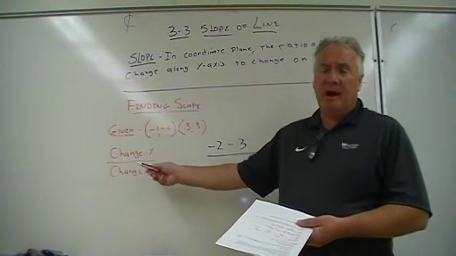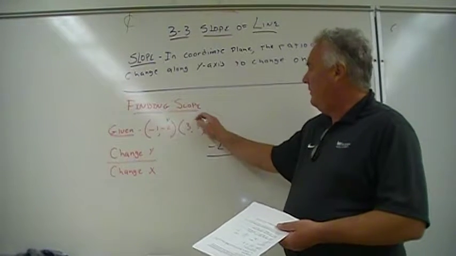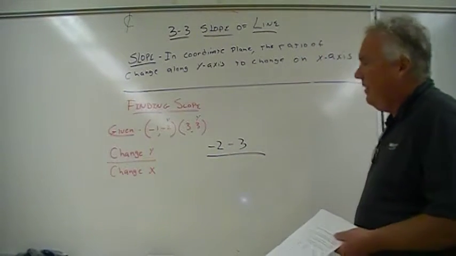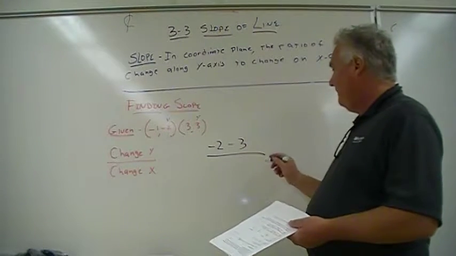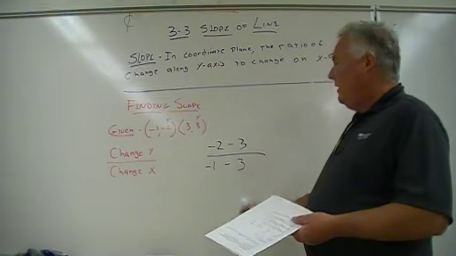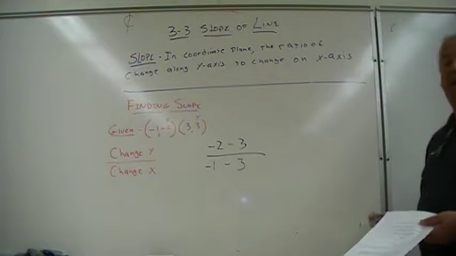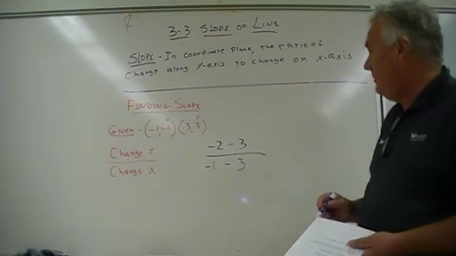Change means we're subtracting, so we take our first of the y's, take away the next y. So -2 minus 3, and then over the change in x, -1 minus 3. Be careful of your negatives. Make sure you're using your negatives the right way.